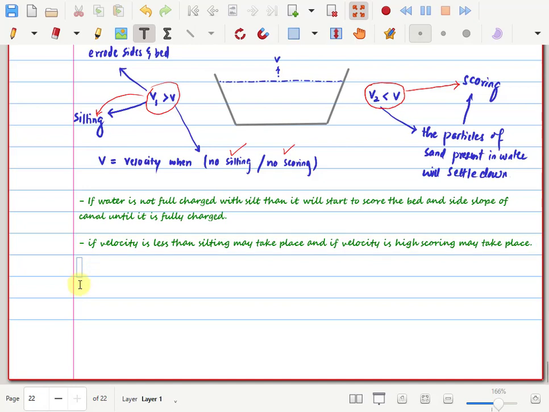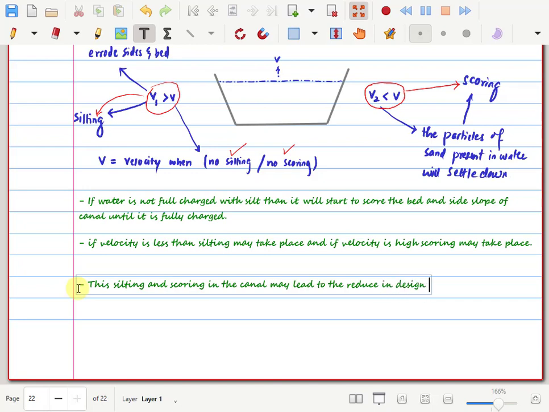Next point you need to note and remember: this silting and scoring in the canal may lead to the reduction in design discharge capacity of canal.